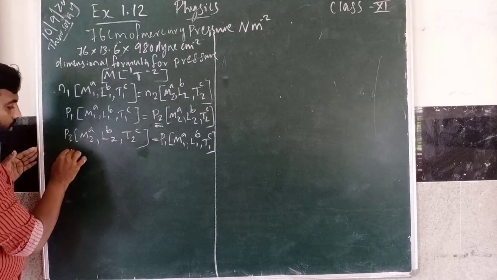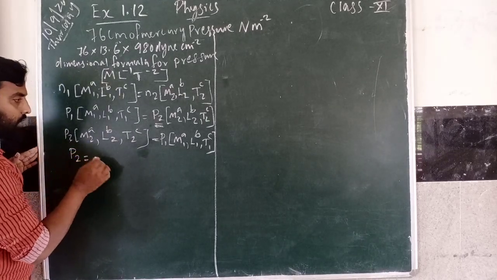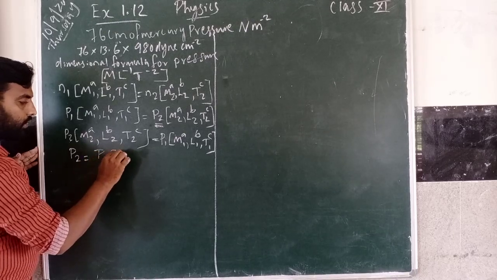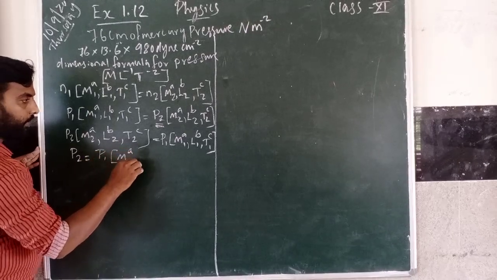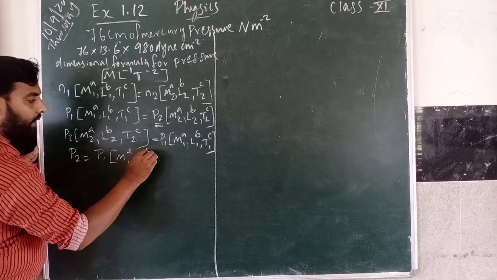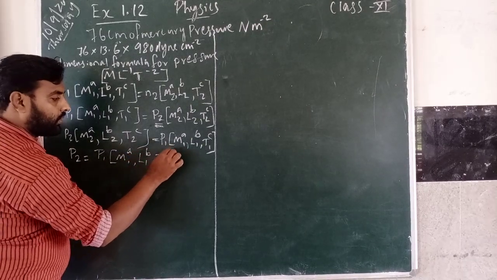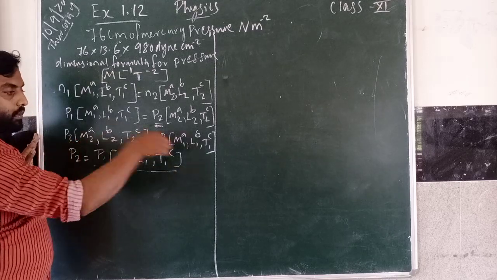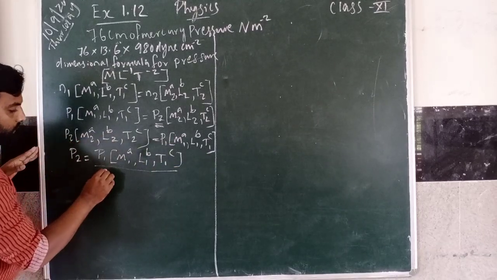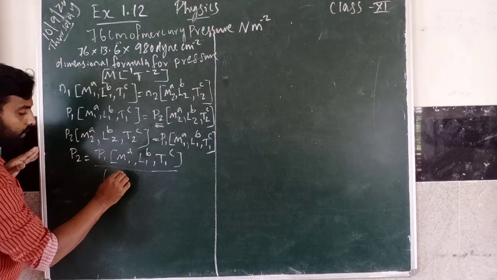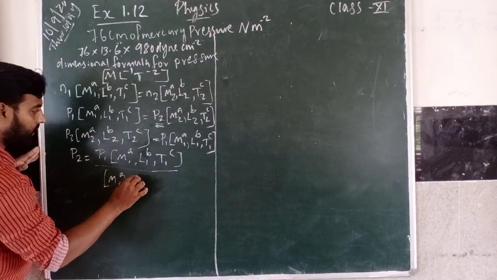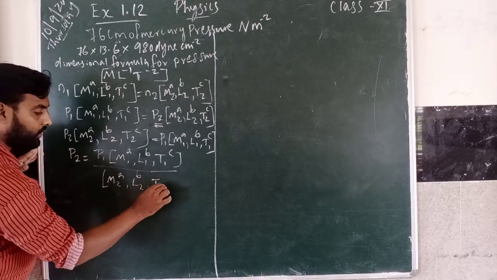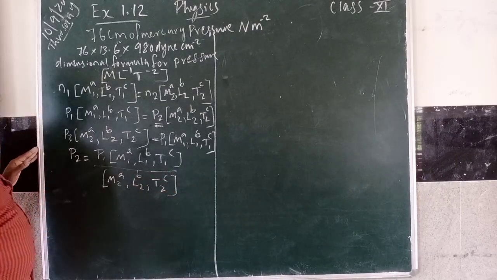Now P2 equals P1 M1 power a L1 power b T1 power c divided by, taking this term down, M2 power a L2 power b T2 power c.